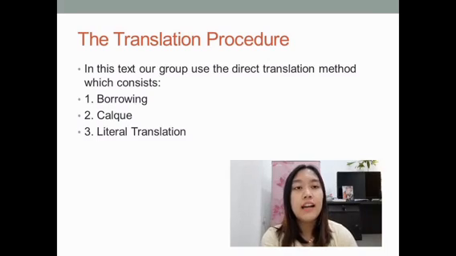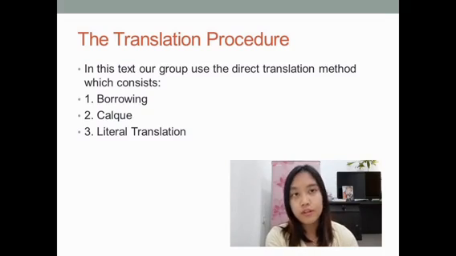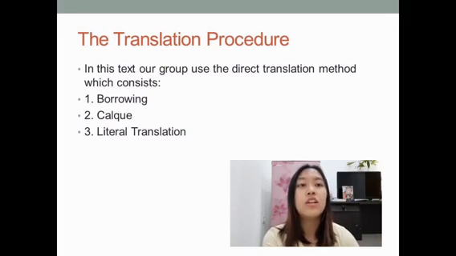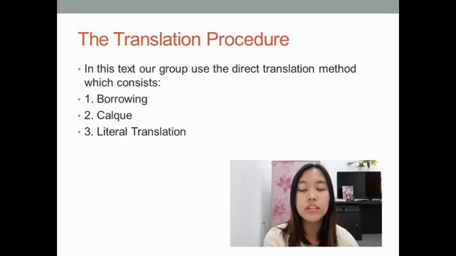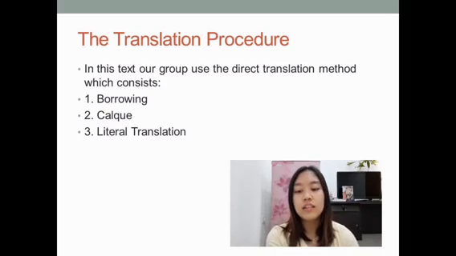And then there are several methods of direct translation that we use in this translation process. The first is borrowing. We use the word that comes from the source language without changing the word. Second, calque.